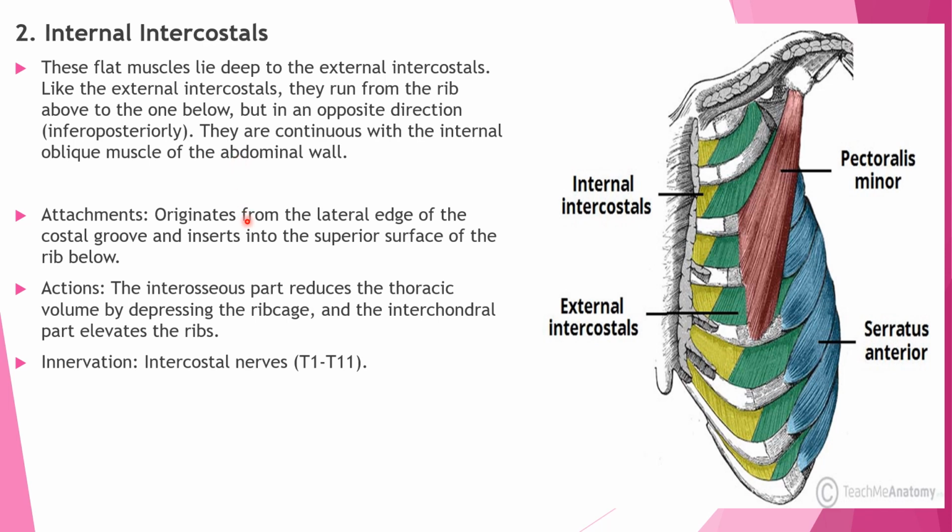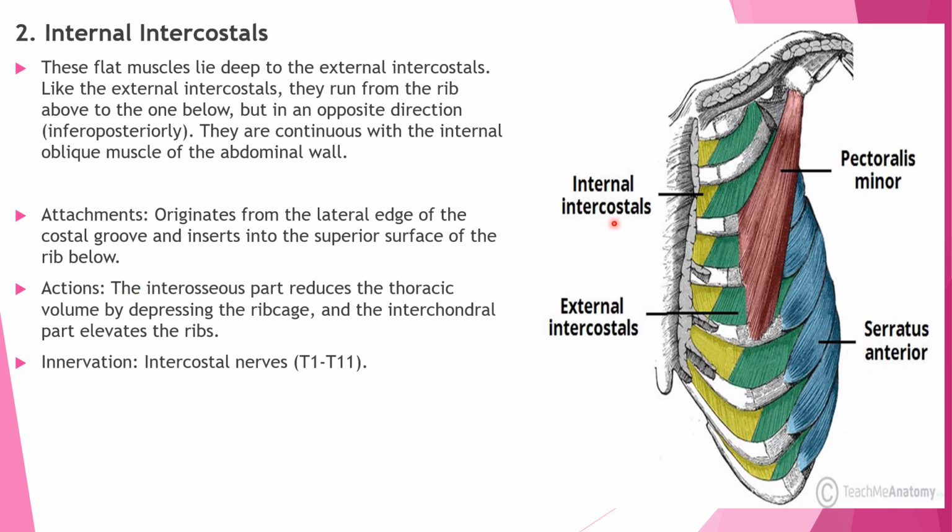As told already, it originates from the lower border of above rib to the superior surface of below rib, but it runs in the opposite direction to that of external intercostal. Actions or function.